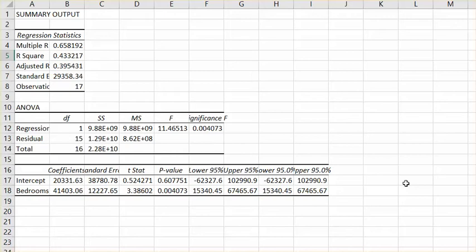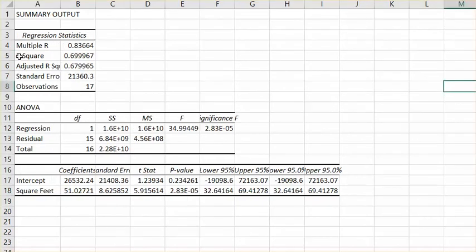And then you were asked, as I explained in the previous video, if you had to pick just one of the independent variables, which one would it be? Well, that would be the one with the highest R square. If we look at square footage, our R square, the coefficient of determination, is just about 70%, 0.69999.